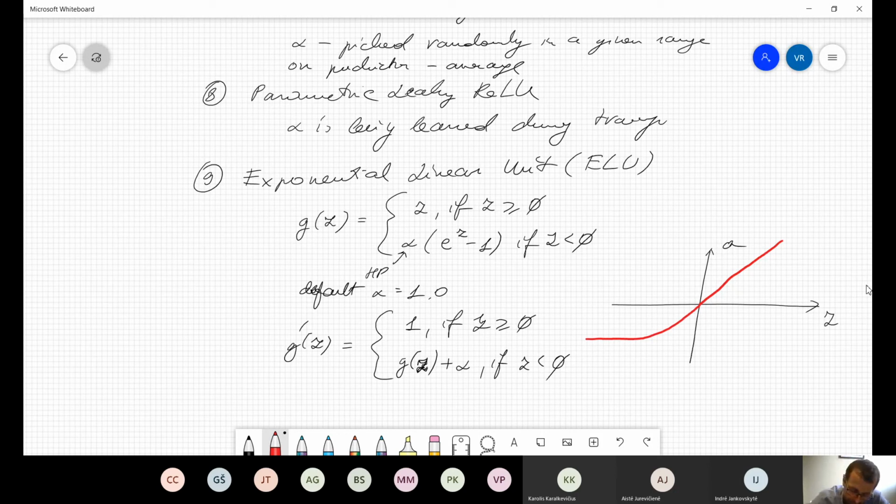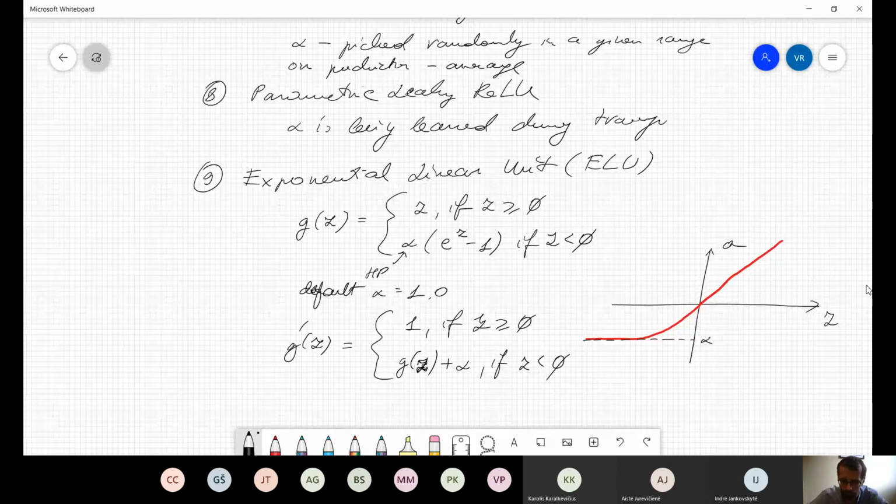Right? So nicely. And basically, on minus infinity, it approaches minus alpha. So you basically define how big is the leak, how much of the negatives you want to accumulate. By default, alpha is 1, so it approaches -1. This is the amount of leak you want to give.